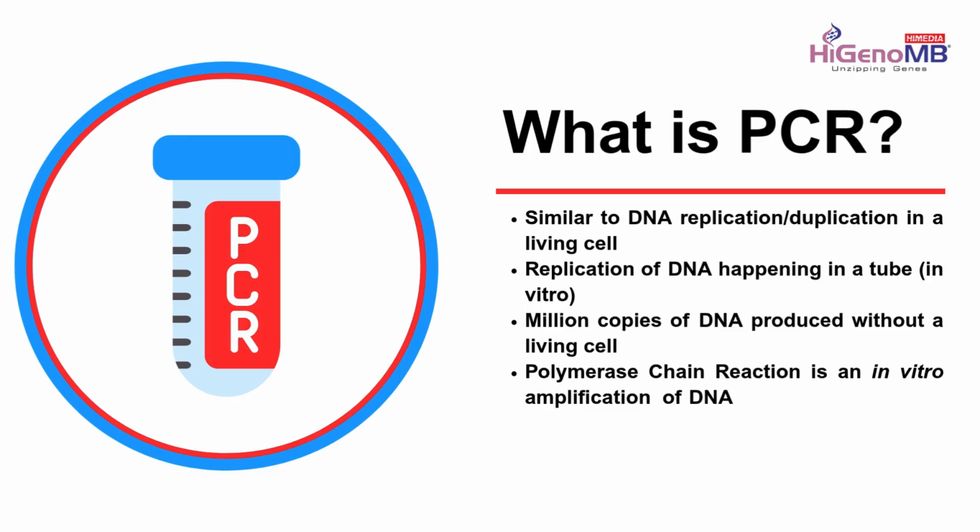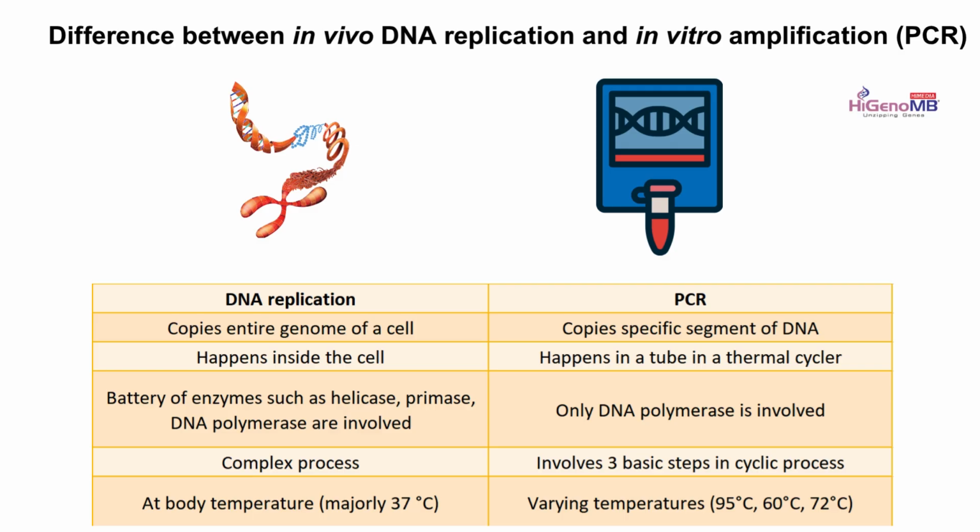So polymerase chain reaction is called in vitro amplification of DNA. Now we will see the difference between in vivo DNA replication and PCR. DNA replication happens inside a cell. It copies the entire genome.